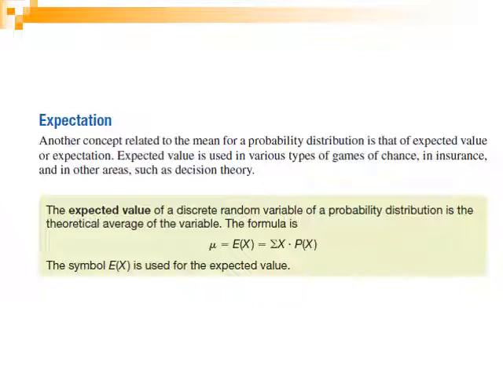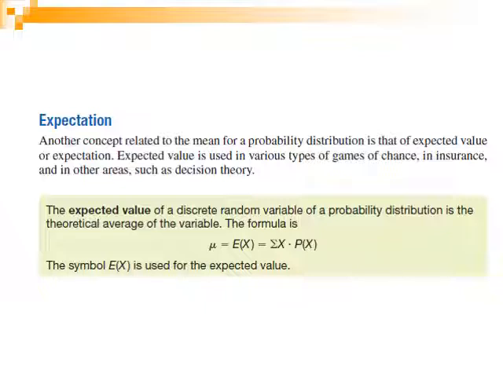We can get another important terminology here in the probability distribution, which is expectation. Expectation is another concept related to the mean for the probability distribution, that is, expected value. The expected value is used in various types of games of chance, insurance, and other decision areas.